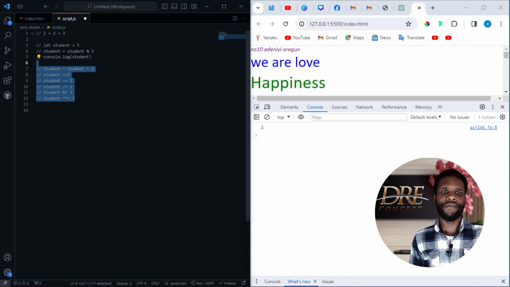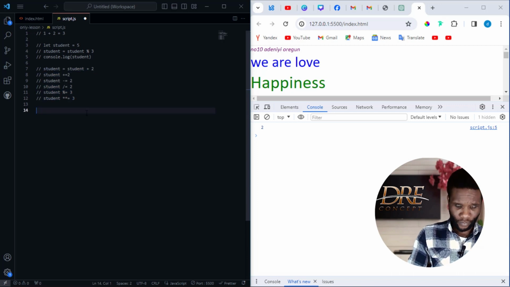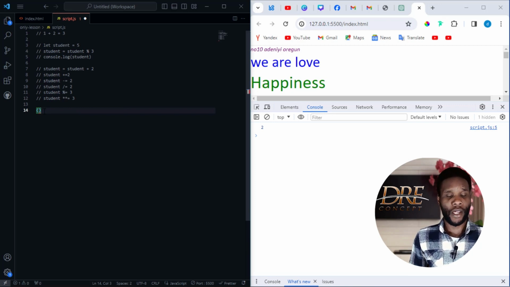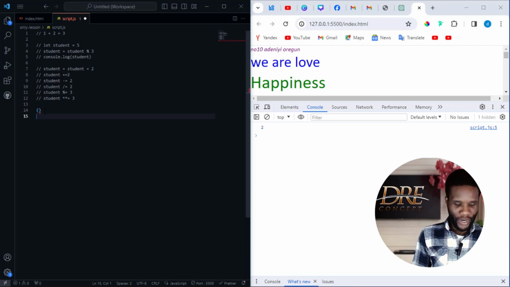So in arithmetic operation, the first order of this operator is the parenthesis. Whenever you have your expression in parentheses like this, you make sure that you solve the expression in the parentheses first before every other operator should be solved. The next one is exponent.